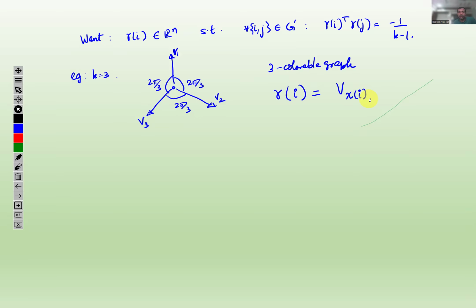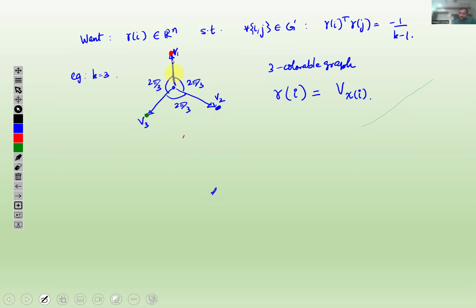And I claim that this solves the problem for a 3 colorable graph. I have a vector assignment such that, for any edge in the graph, gamma of i transpose gamma of j is computed as follows. Suppose I'm using 3 colors: red, green, and blue.